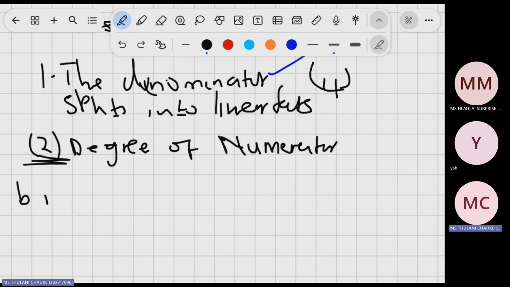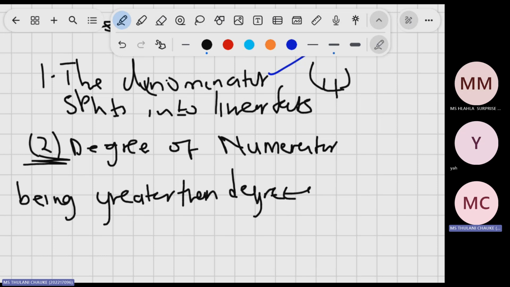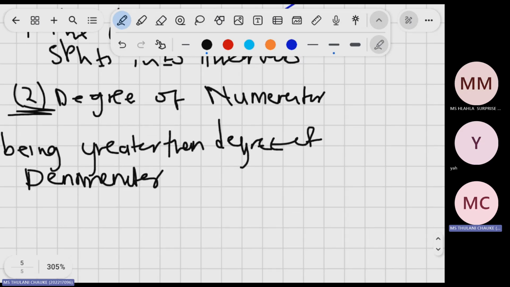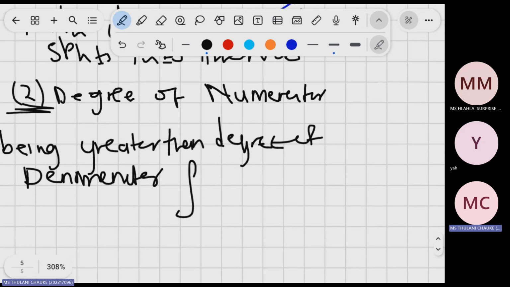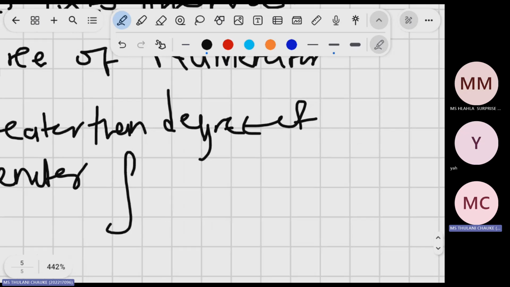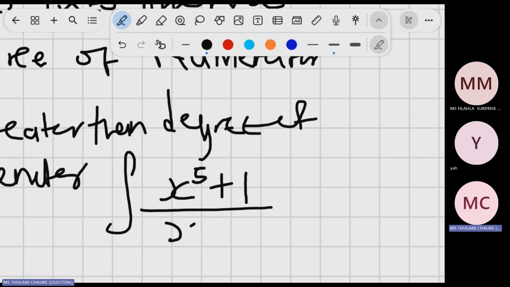So this is like when you have something like the integral of x to the exponent 5 plus 1 over x plus 1 dx.